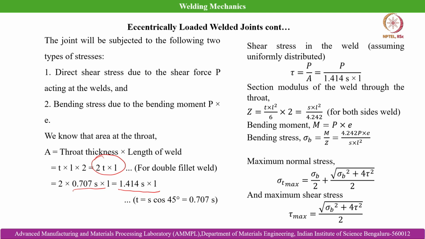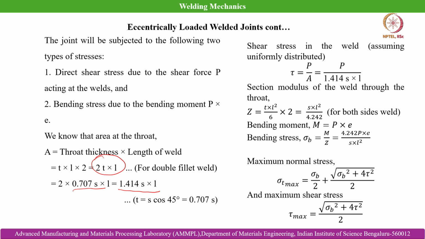And then shear stress in the weld, assuming uniformly distributed, tau is equal to P by A. So shear stress is equal to P by 1.414 S into L, where L is the length of the weld. Okay. Section modulus of the weld through the throat is Z, as we have shown earlier in the earlier class. Here we are calculating again the section modulus, that is T L square by 6, because we are talking about both sided fillet weld.